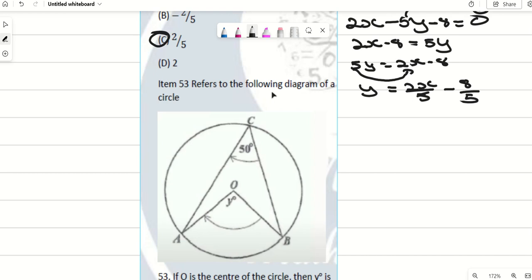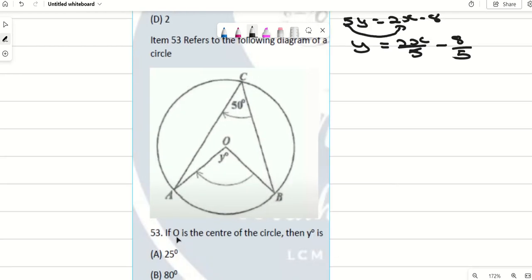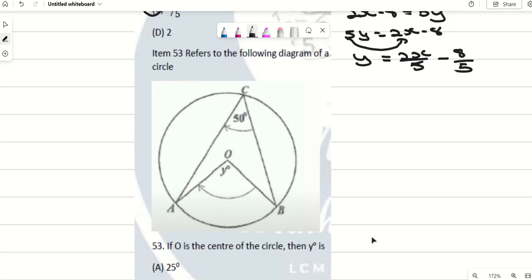Item 53 refers to the following diagram of a circle. If O is the center of the circle, then Y is. So what you have to do is, if you have a triangle like this, Y equals 2 multiplied by this one on top. So it's 2 multiplied by 50.